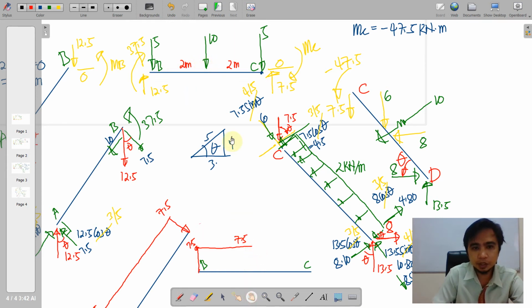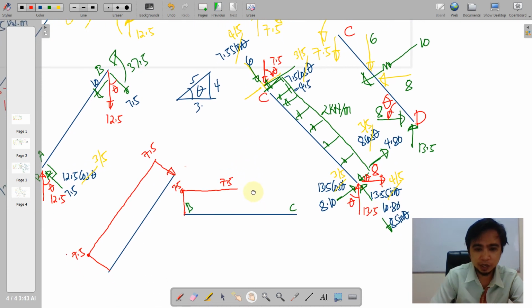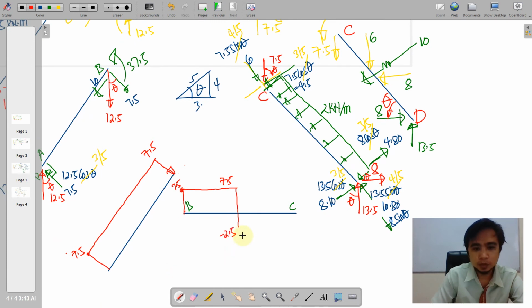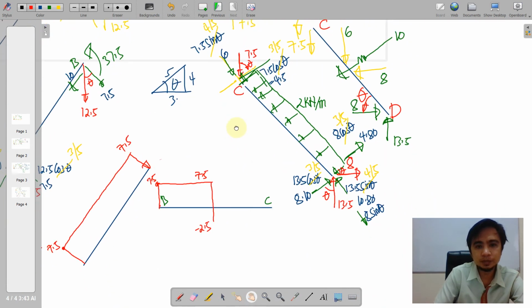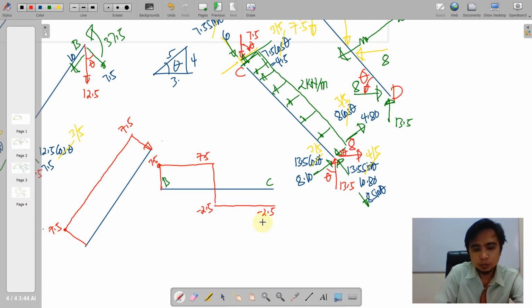So here it is, and then just left of this portion that is 7.5, just right of it, 10 would take effect and it will go 10 units downward. So from 7.5 minus 10, we have negative 2.5. Okay, so negative 2.5, no loading until C. So here it is.